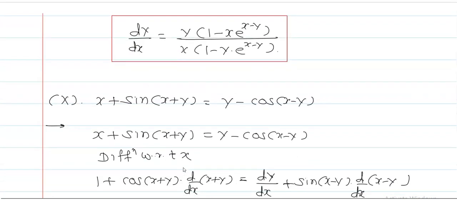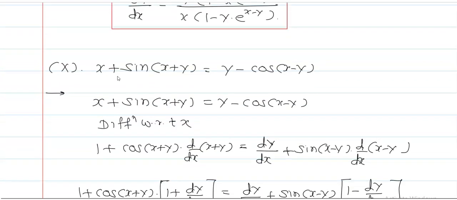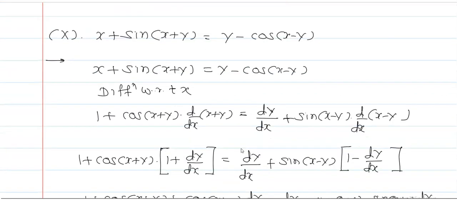Now the 10th one, that is x plus sin of x plus y is equal to y minus cos of x plus y. Differentiate again, derivative of x is 1, sin of x plus y, cos of x plus y into d/dx of x plus y. In the same manner, the right hand side, y is dy by dx, minus cos of x minus y plus sin of x minus y, d/dx of x minus y, and collect the terms.